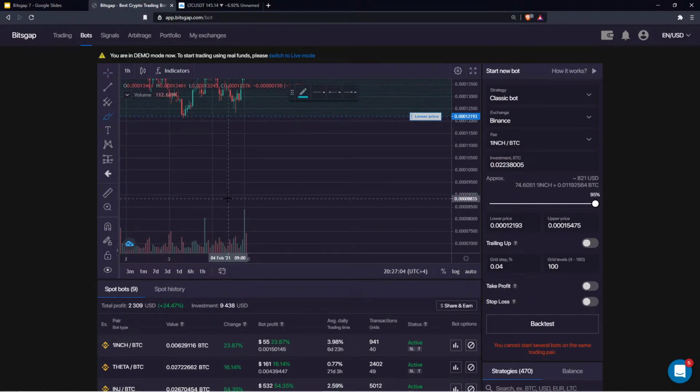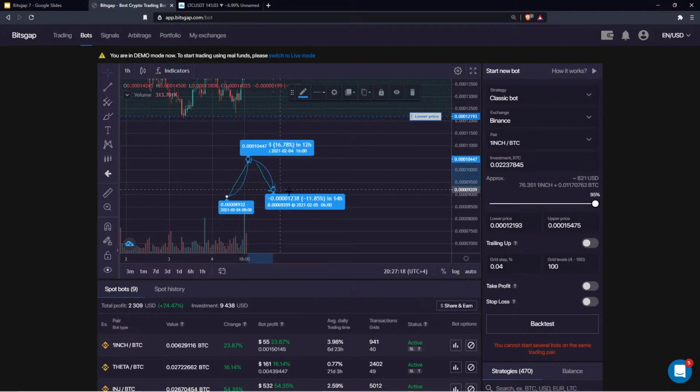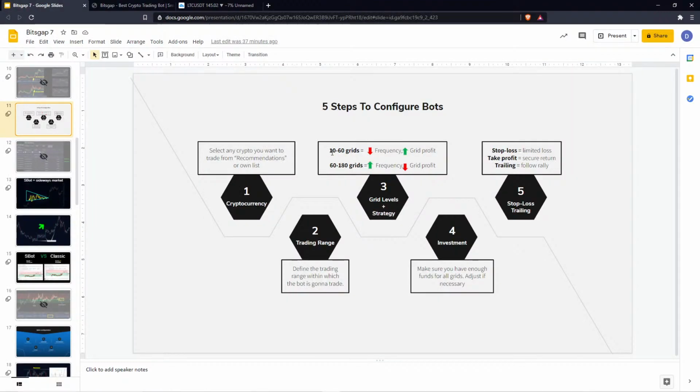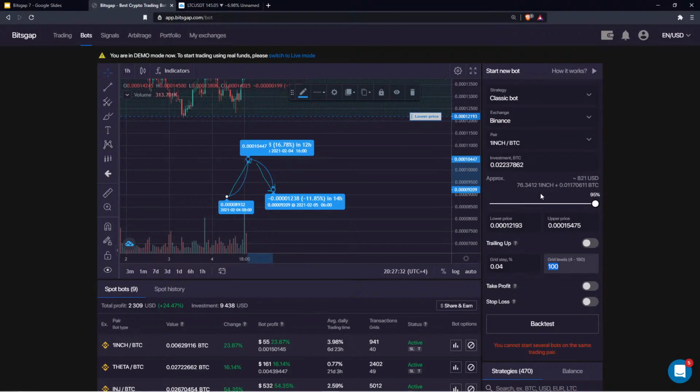If the crypto swings daily, let's say it goes up by 16% and then the next day down by 11%, then this is a pretty volatile crypto. And for this one, just stick with a grid amount below 60. So for this one, it's enough to have, well, 30 grid levels.